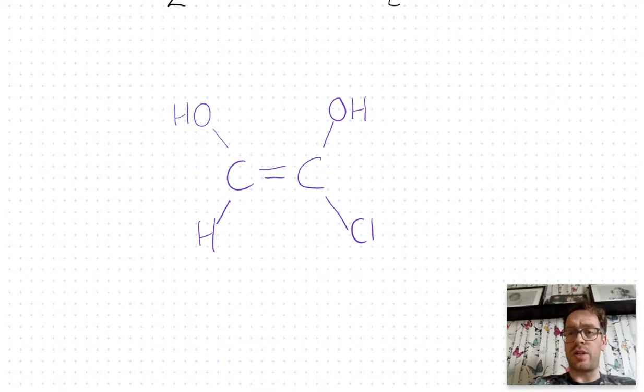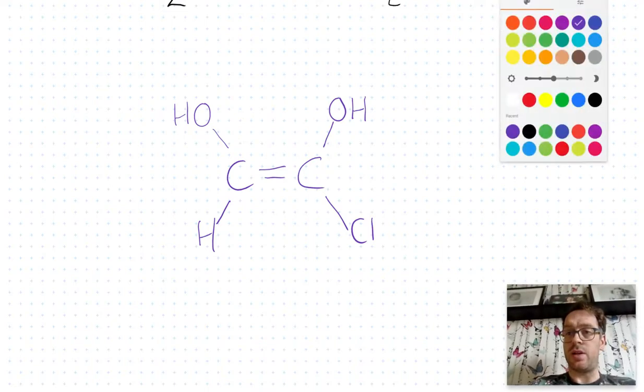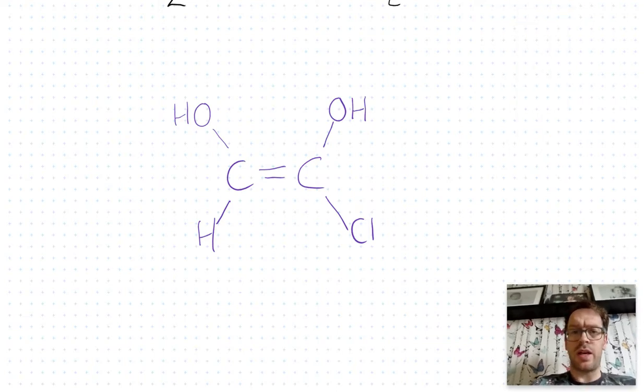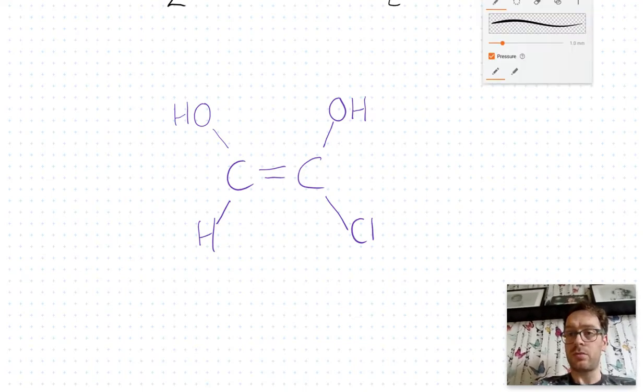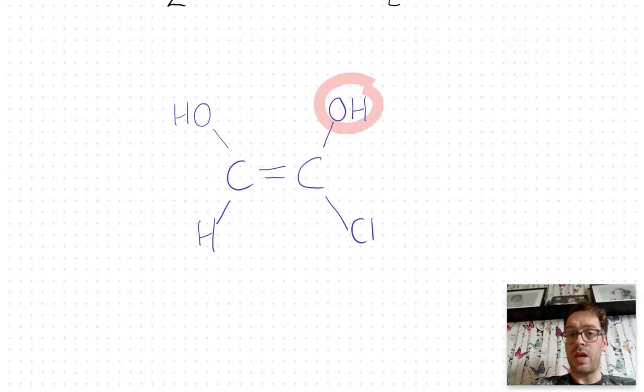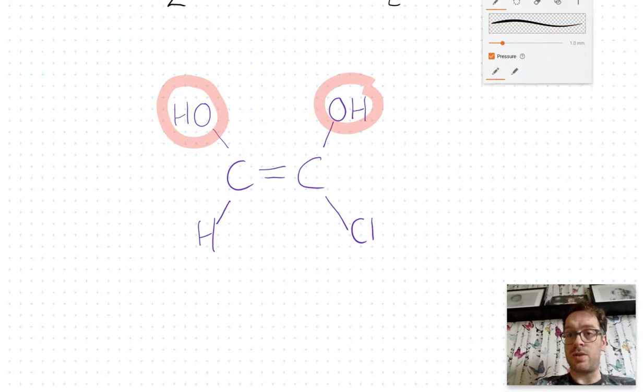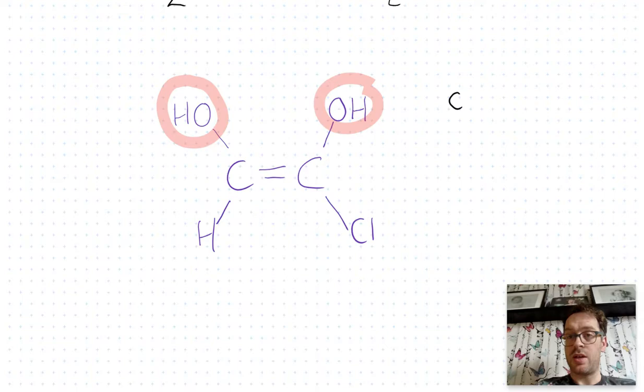Let's do the cis trans first because that is slightly easier. So cis trans here, we can see the two groups that are identical to each other, here and here, and they are on the same side as each other. So this is the cis isomer because the two identical groups are on the same side.